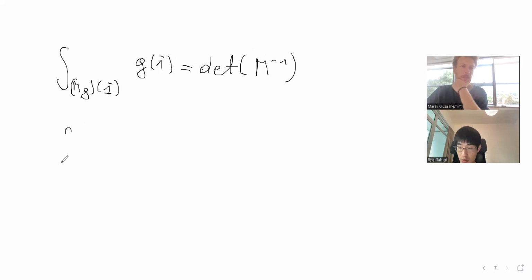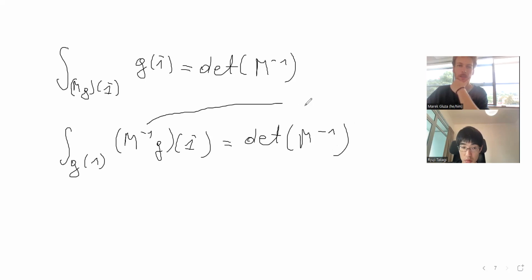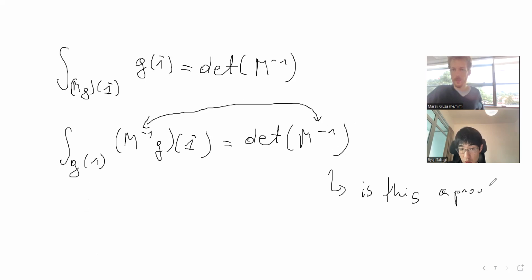And what is also useful later is that we can just redefine everything, and you will see that M, or maybe it's easier to see if I write M minus 1 G on the full vector, is also that minus 1. And in this way of writing it, you see why we have this. And this is actually an equivalent proof, but is it equivalent? So that's another question. Is this a proof?